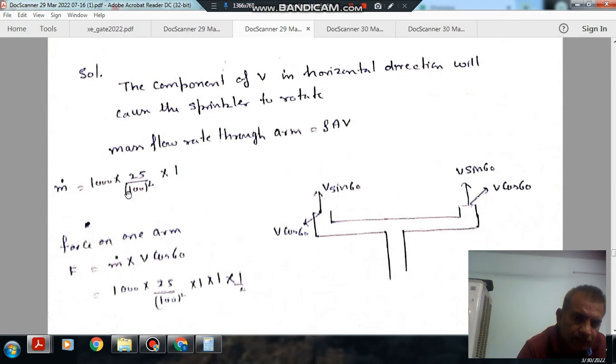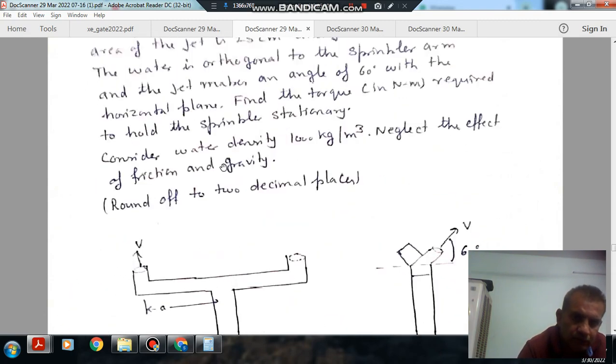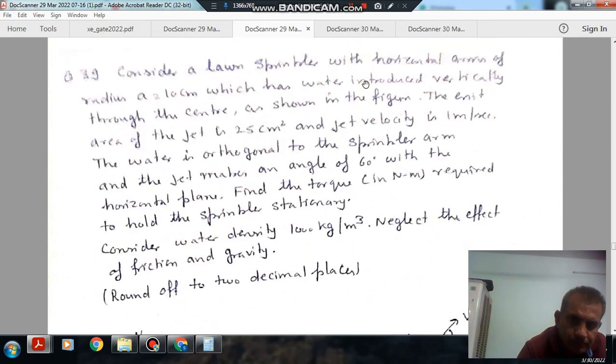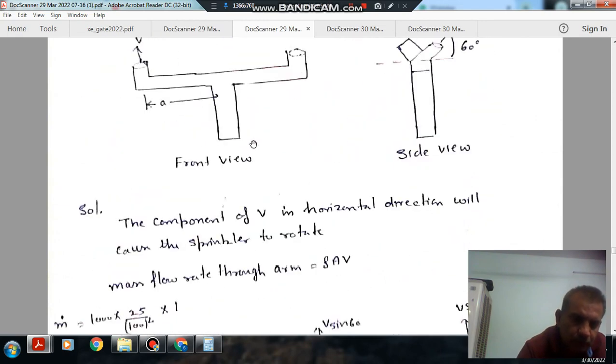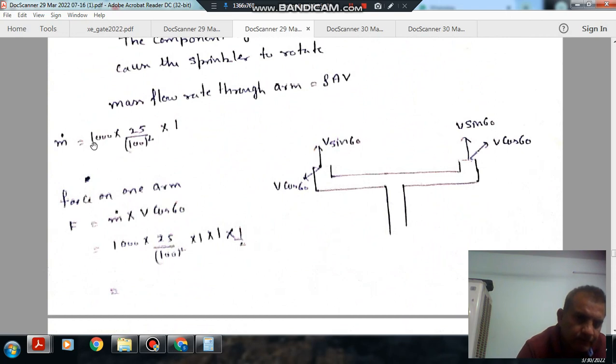The area is given as 25 centimeter square, so converting it into meter square. So rho A v is the mass flow rate.